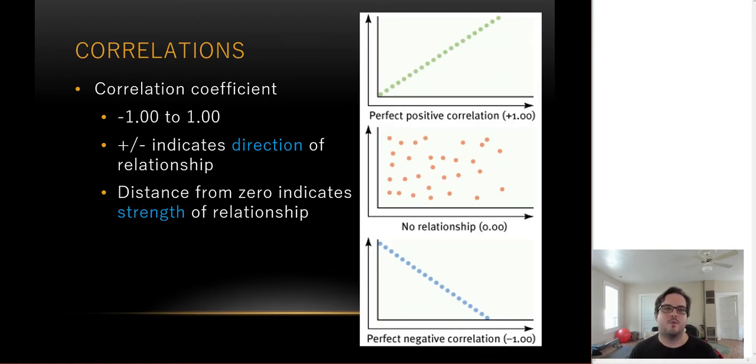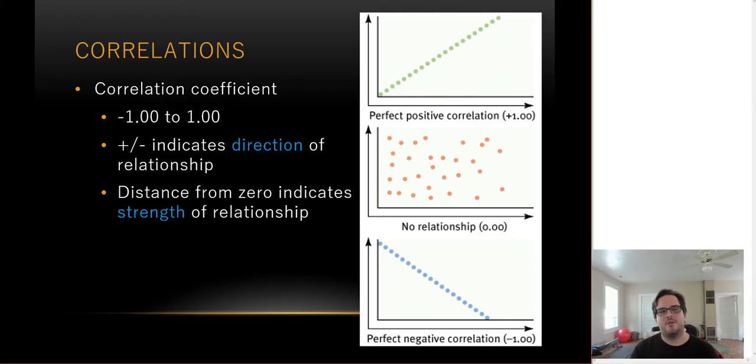And that number ranges between -1 and +1. So at the very center, there's 0. And if you have a 0, what that means is between those two variables, you saw absolutely no relationship. So if we saw no relationship between percentage of Republicans and number of masks, our graph would have looked like this center graph on the right here, where the dots are spread everywhere. There's no real pattern in how the two things are related.